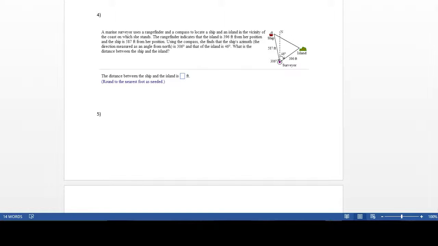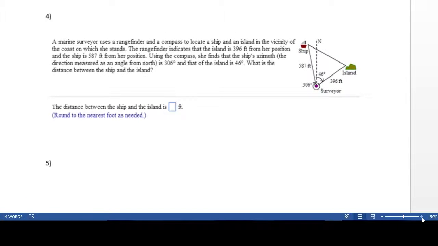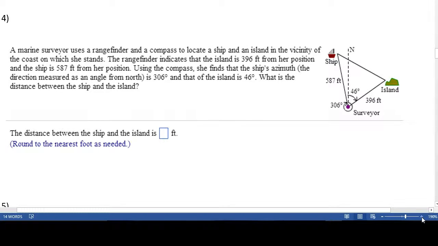Let me see if I can blow this up so I can actually look at that picture. So it's saying that the angle you want to use is 54 degrees. It's saying that the island is 46 degrees from true north, and that the ship is 306 degrees from true north.